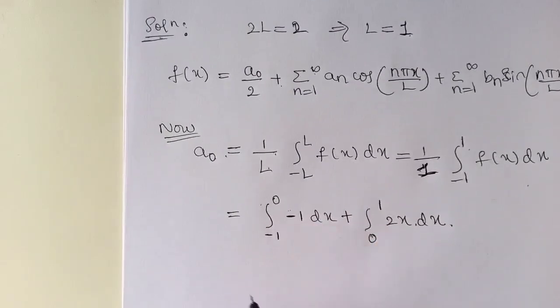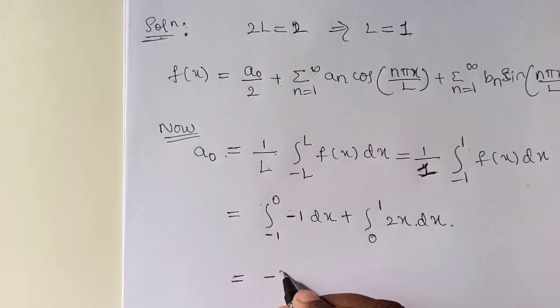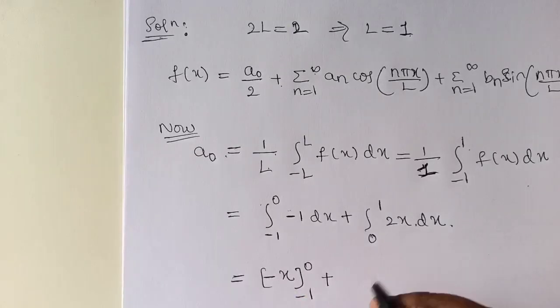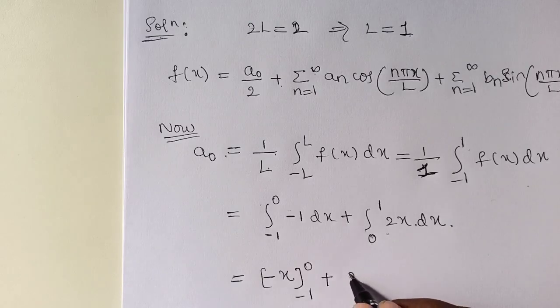Now integrating this, we get -1, the minus can be taken outside, the integration of 1 is x with limits -1 to 0, plus the integration of 2x is 2x²/2, the 2s cancel, and we simply get x² with limits 0 to 1.